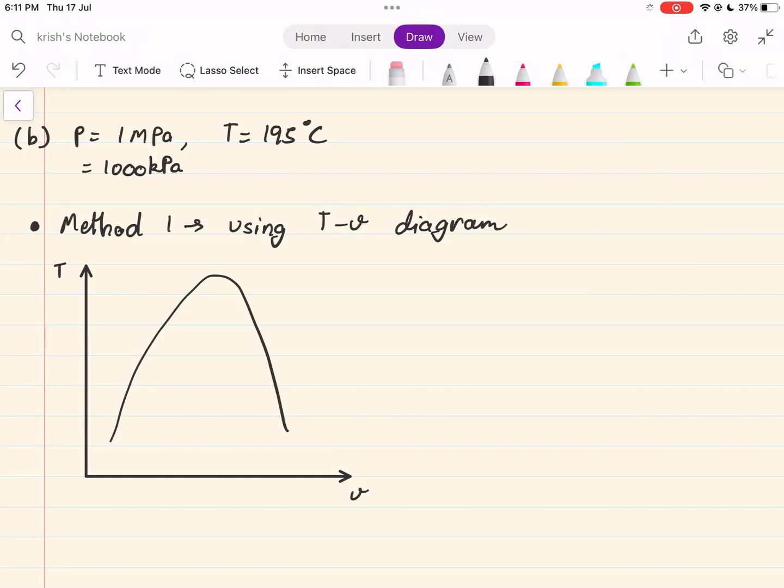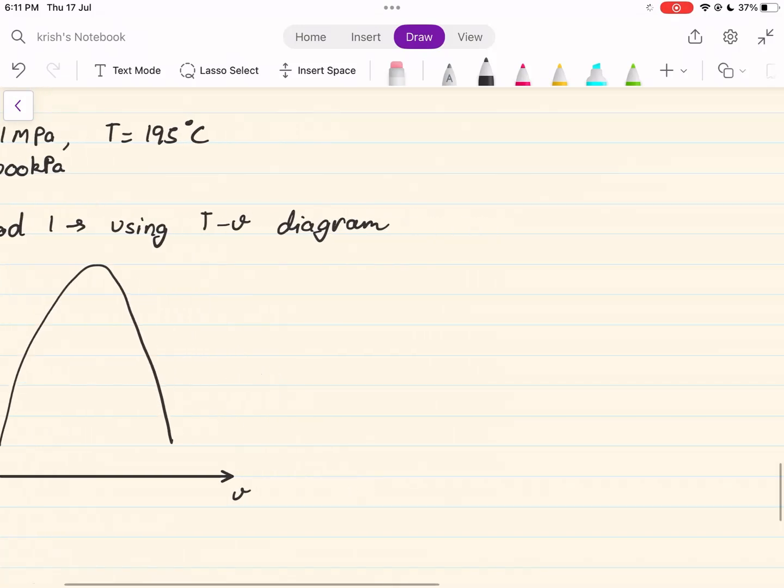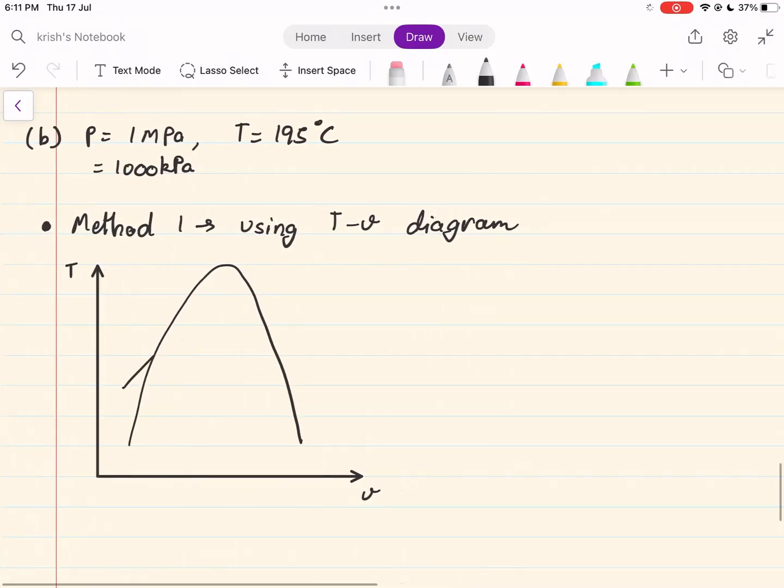TV. Can never draw this perfectly in one go. Anyways, so let us draw our given pressure line. So this is a constant pressure line.